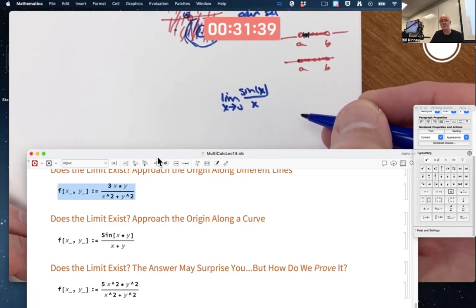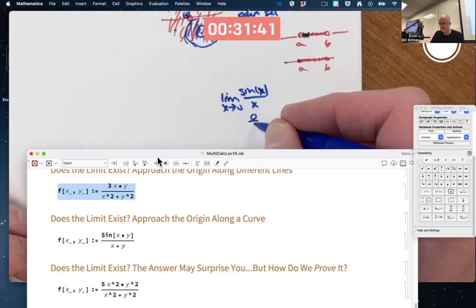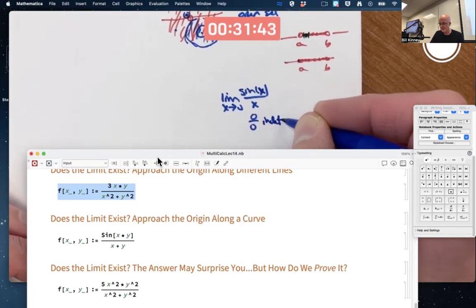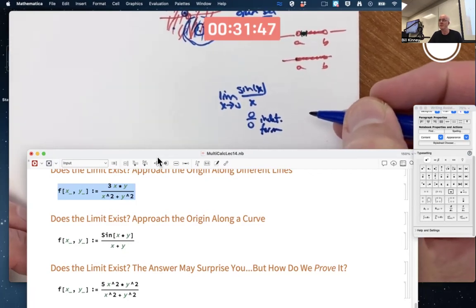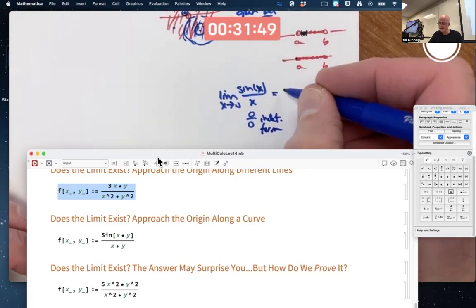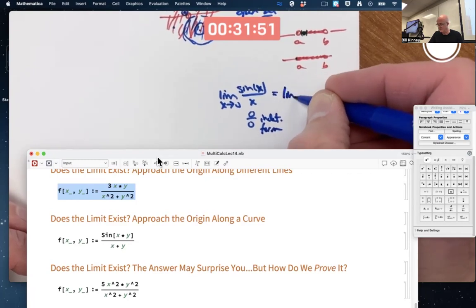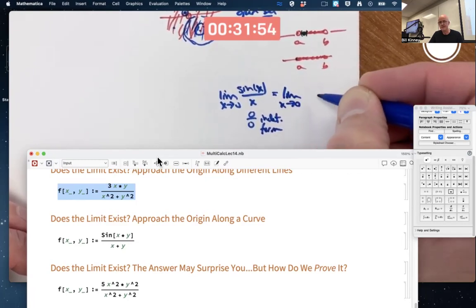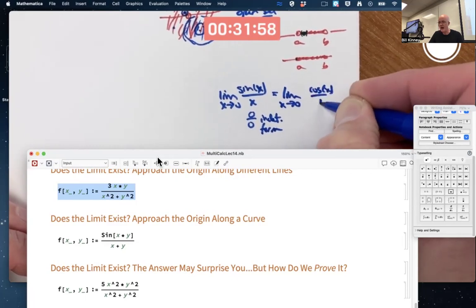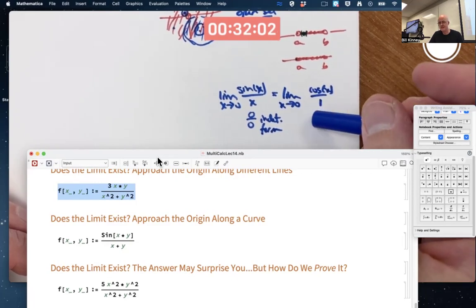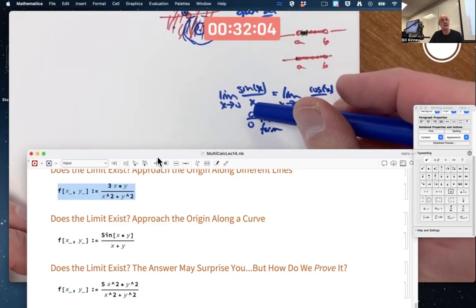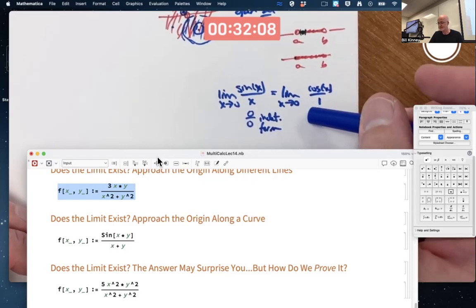You can use L'Hopital's rule here. This is a 0 over 0 indeterminate form. Both the top and the bottom are approaching 0 as x approaches 0. So according to L'Hopital's rule, if you take the derivative of the top and the derivative of the bottom and then make a new fraction like this, if this limit exists, then this limit will also exist, and then they'll be equal. And this limit definitely exists.